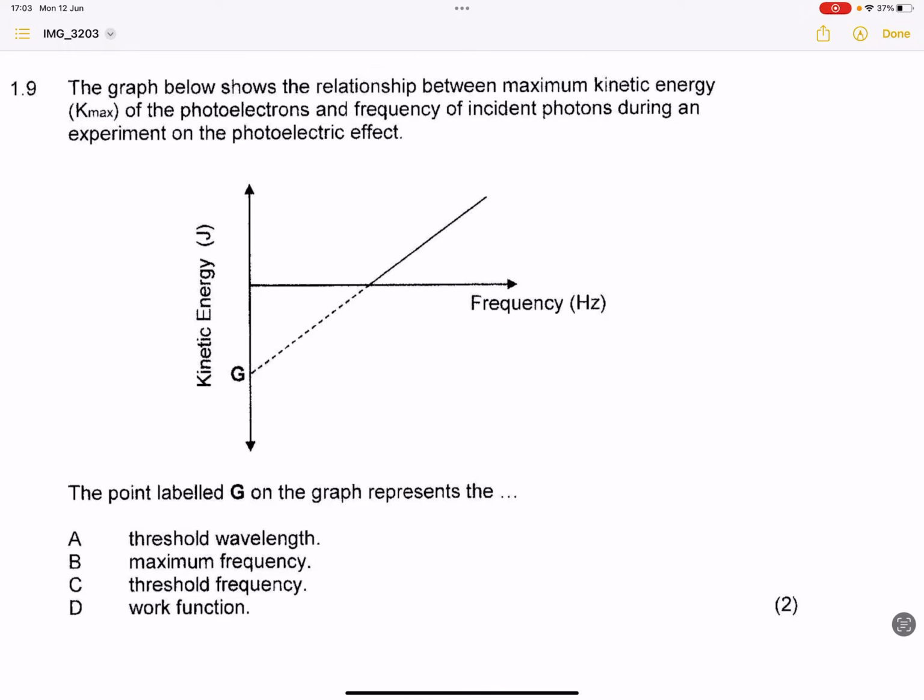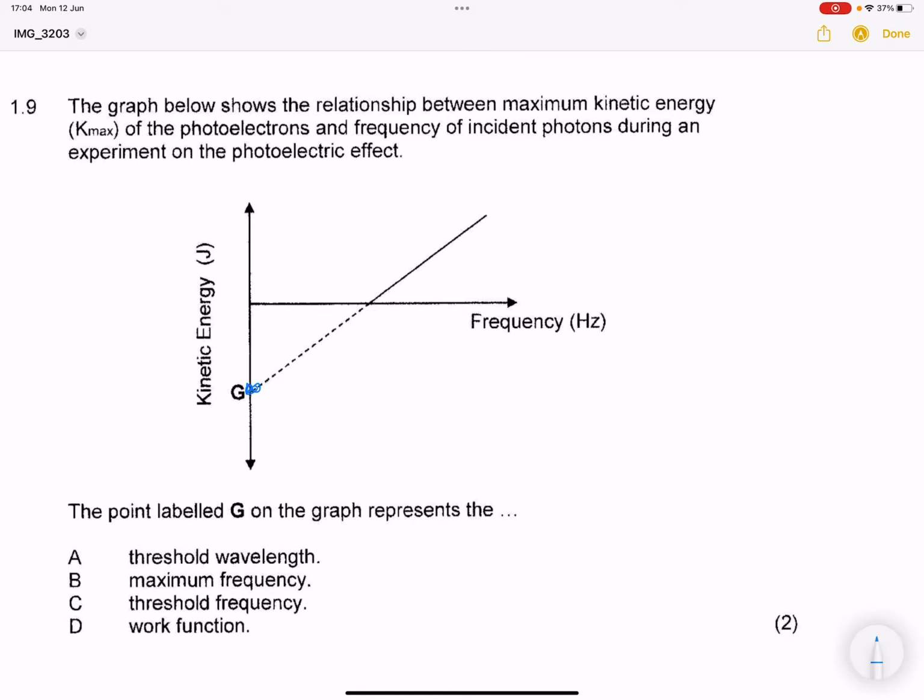They say the point labeled G on the graph represents the... I want you to remember this, ladies and gents: this would actually represent the work function.